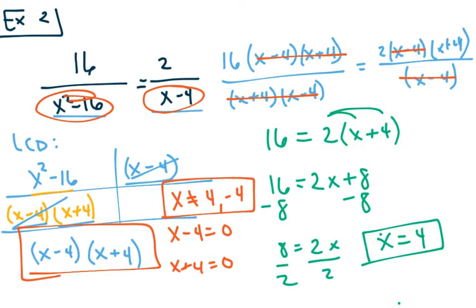Well, here's where this comes up. I told you guys it would come up soon. If you notice, that and that match. So we said that x can't be 4 or negative 4, but here we're saying x is 4. What this means is that x equals 4 is not a solution, which means this problem has no solution.